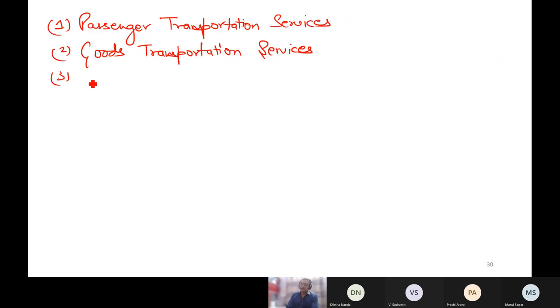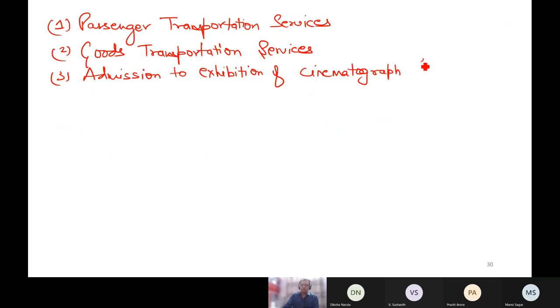Admission in cinematograph, admission by exhibition of cinematographic films in multiplex theaters. The invoice will be different.